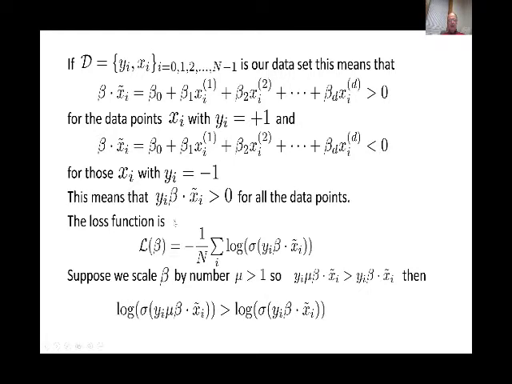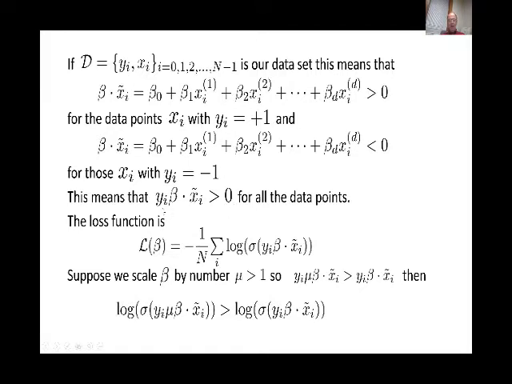So for all the points where the label is +1, this is bigger than 0. For all the points where the label is -1, it's less than 0. If we take this expression and multiply it by yi, which is +1 or -1: when yi is +1, that's when beta times xi is positive, and so yi times beta dot xi tilde is also positive.